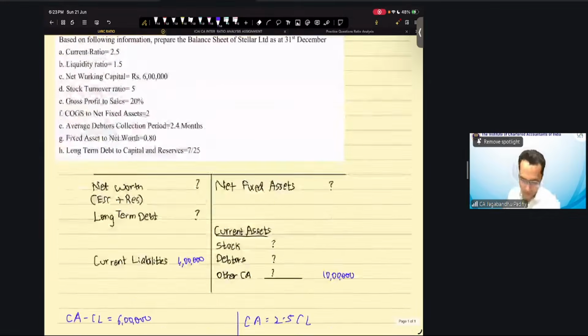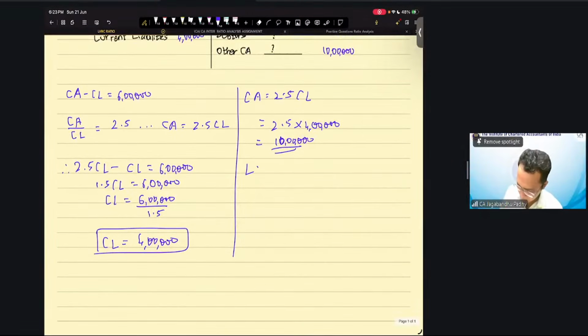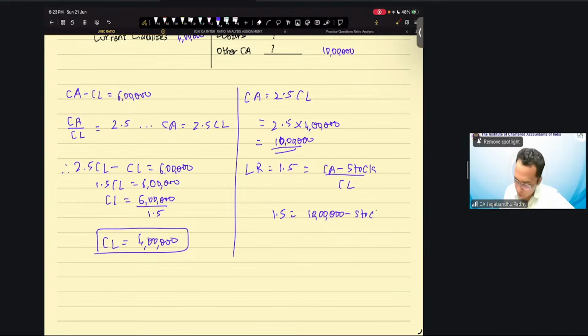Now, after that, we have the liquid ratio, which is 1.5. Liquid ratio is current asset minus stock upon current liability. So 1.5 equals 10 lakh of current asset minus stock, which we have to compute, upon current liability, and we know current liability is 4 lakh.